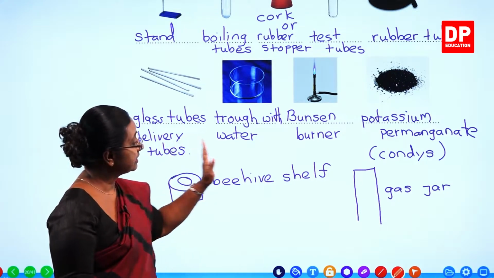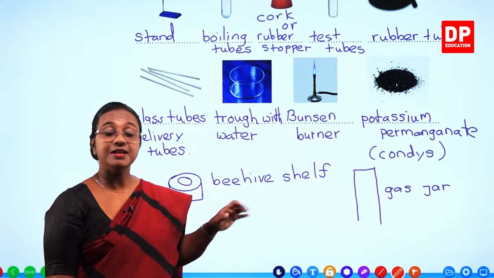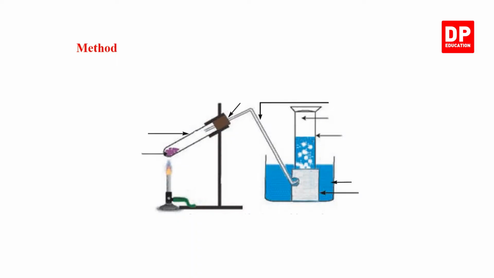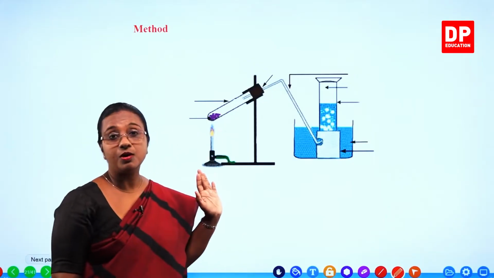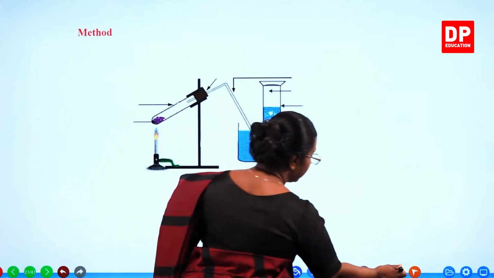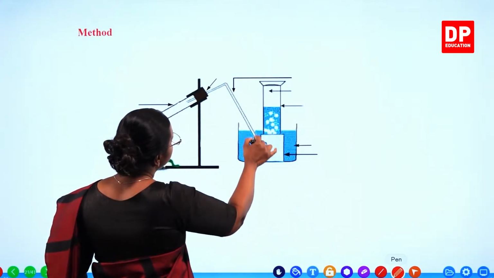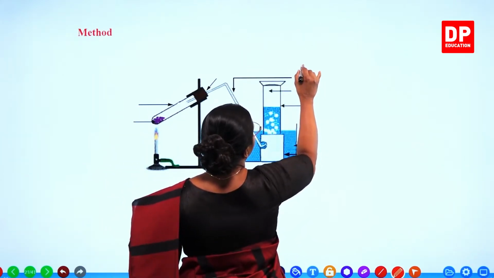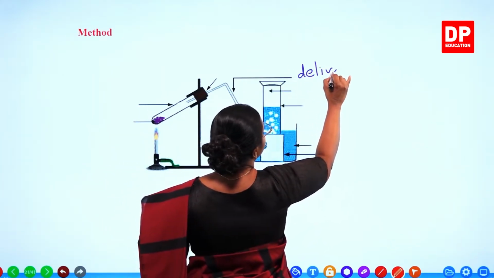So with that understanding, I will move on to the next slide where I explain the diagram to you all, students. So here, this is the method. First I will label all the parts and then I will explain to you all. As you can see, this tube is the delivery tube or the rubber tube. Here we can use it as the delivery tube.